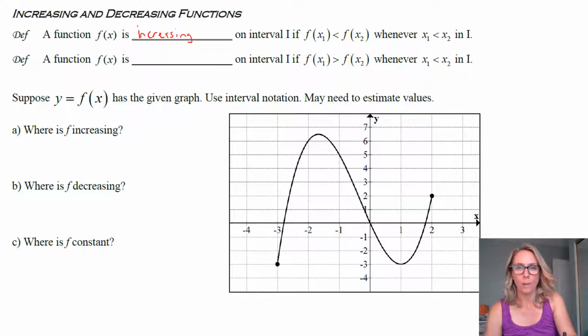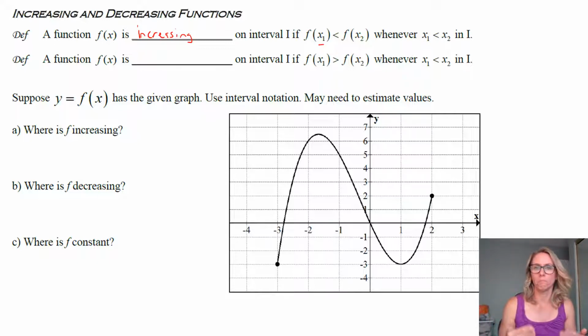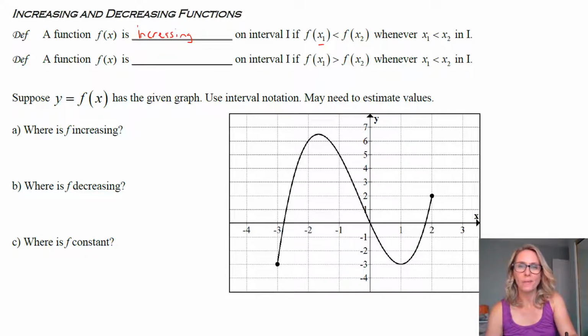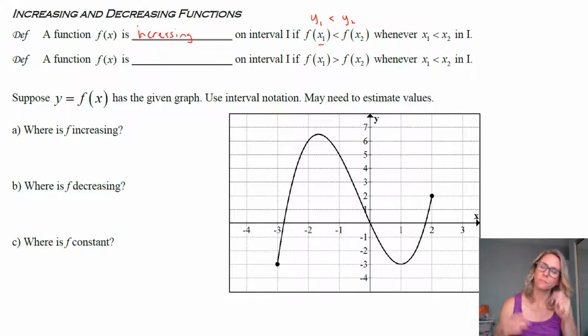So f of x sub 1, so that's how I would read this thing here. I might say x sub 1. So f of x sub 1, you could also just think about that as y1, f of x sub 2, you could think about it as y2.